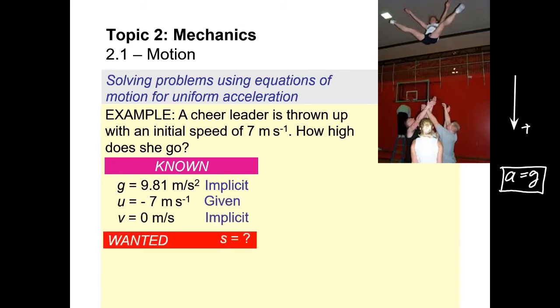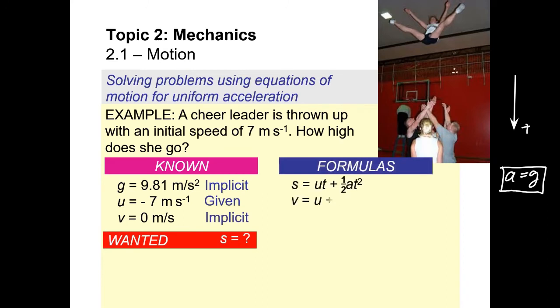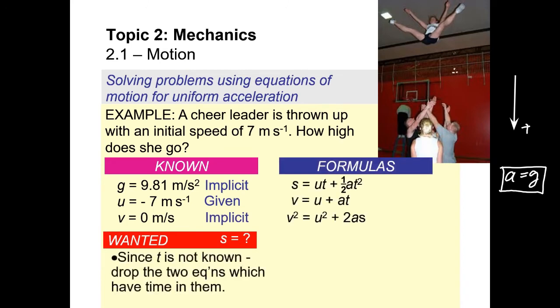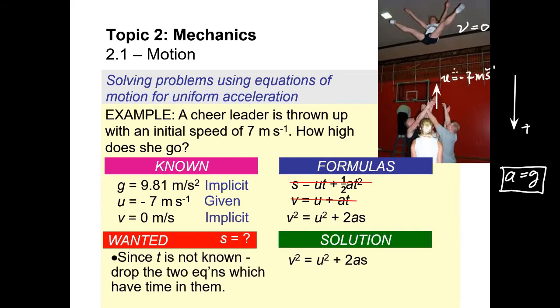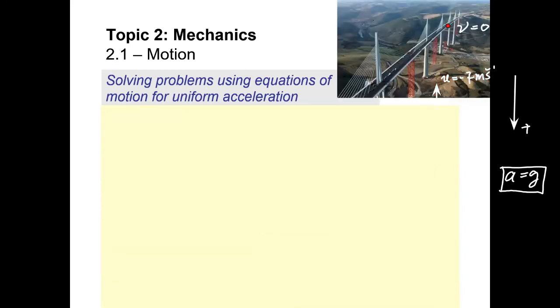We want displacement. Formula: since t is not known, we cross out the two equations which have time in them. At the highest point, the cheerleader reverses direction, so final velocity becomes 0. Initial velocity is minus 7, plus 2 times the acceleration due to gravity, 9.81, times the displacement. And the displacement is 2.5 meters, quite high.